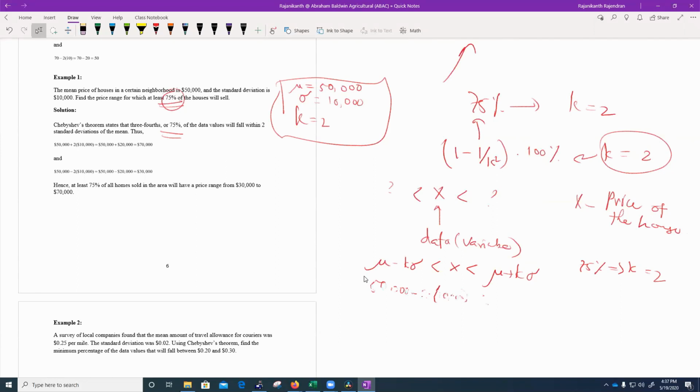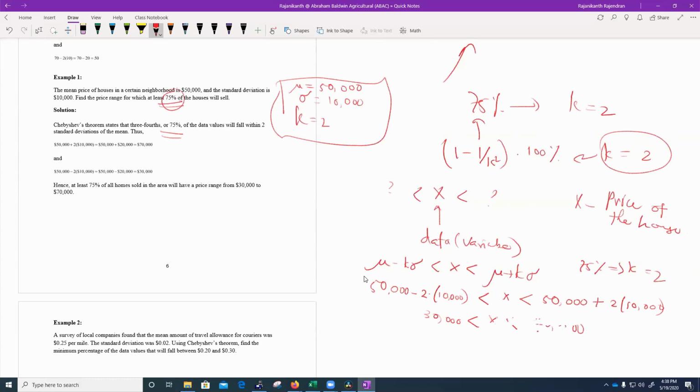Then that is my lower bound, the smallest value. And the upper bound is 50,000 plus 2 times 10,000. Now simplify these two and you will get the range. 2 times 10,000 is 20,000, 50 minus 20 is 30,000. This side is 20 plus 50, which is 70,000.